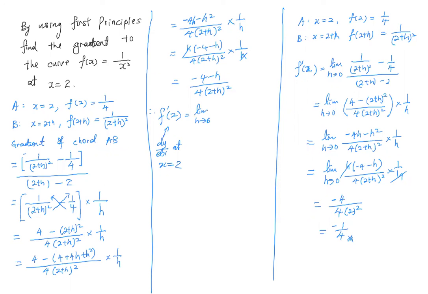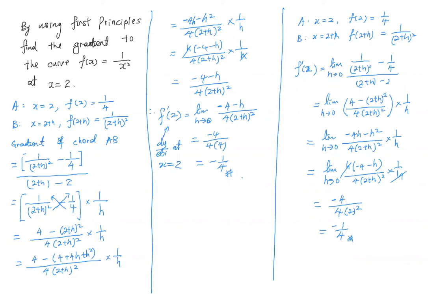Okay, what you can do is, if you don't want to put slope of a chord, you can straight away write down the formula, the slope of the chord that you have simplified. Okay, so negative 4 over 4 times 4. So you got negative 1 over 4. Clear?